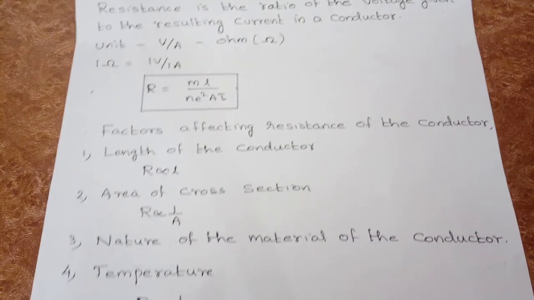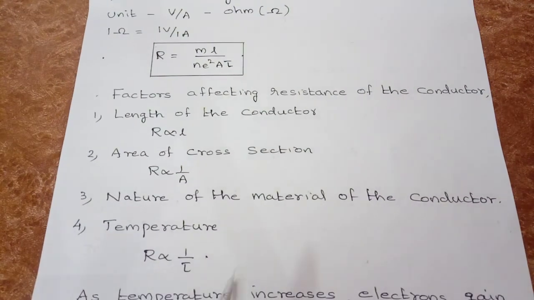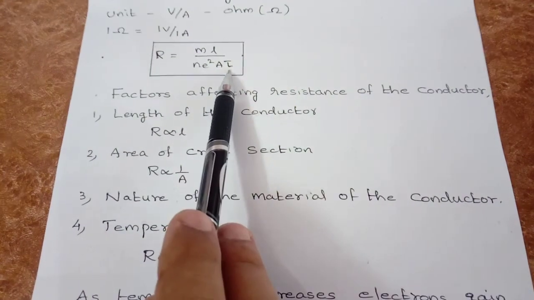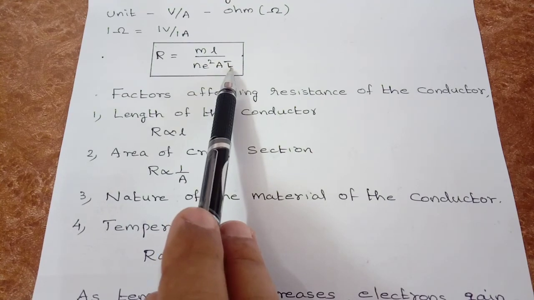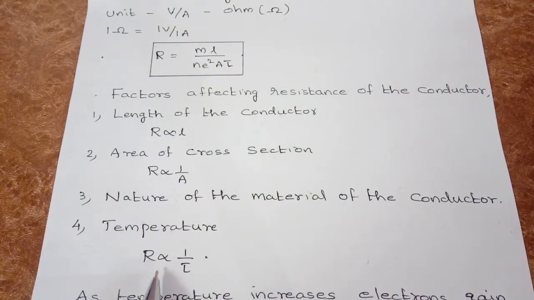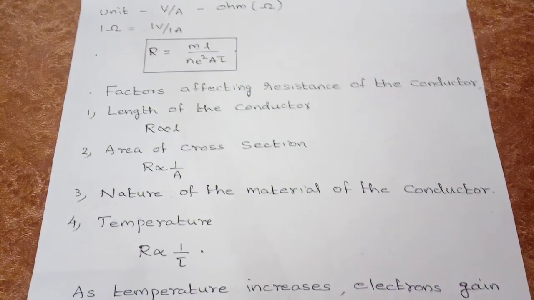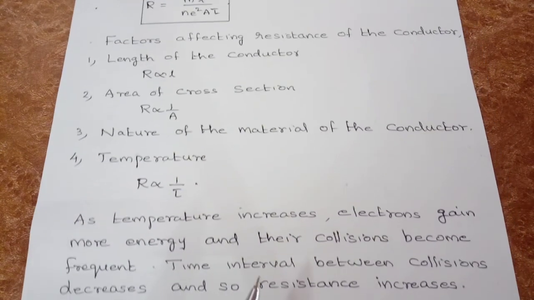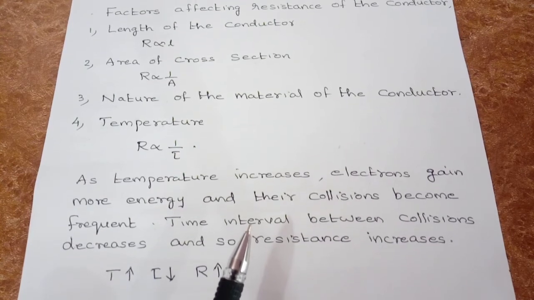And the fourth one is temperature. Temperature is not directly appearing in this equation, but relaxation time is appearing. From that equation, it is very clear that resistance is inversely proportional to relaxation time, that is, proportional to 1 by tau. Now, I already explained in this video what happens as temperature increases.